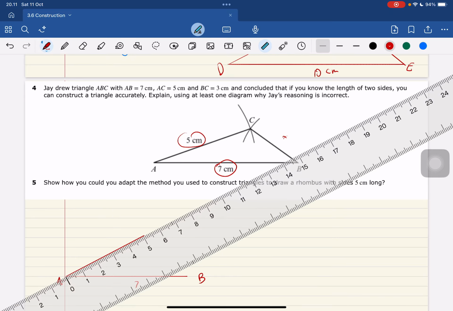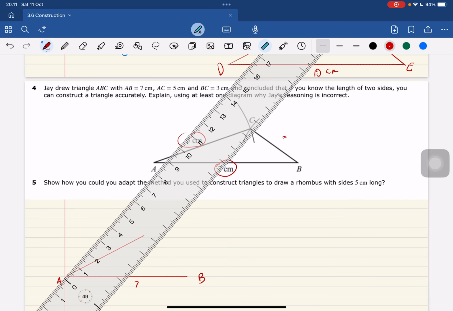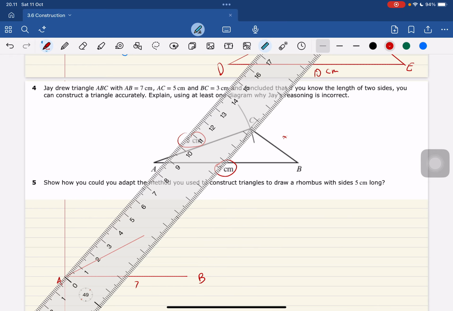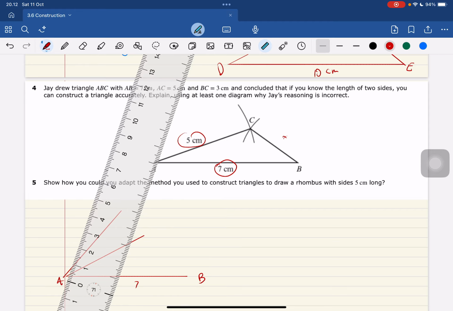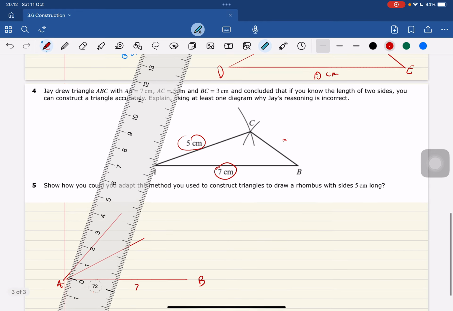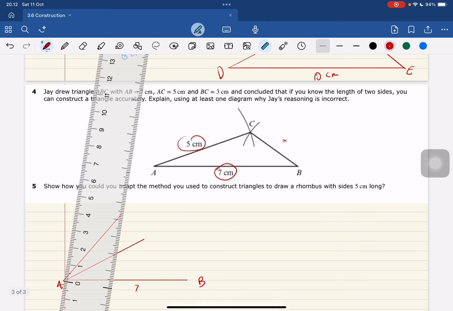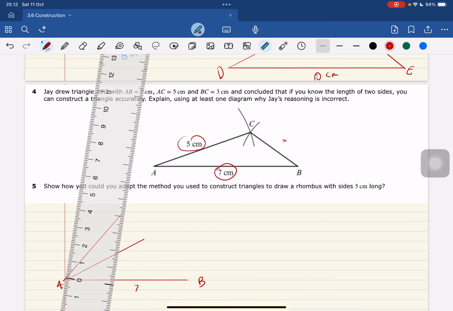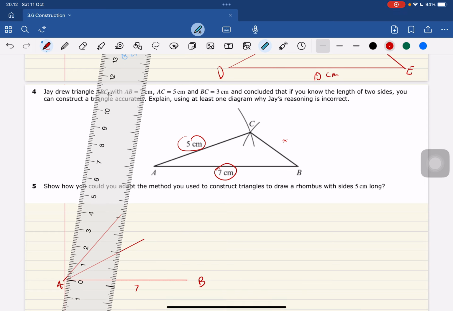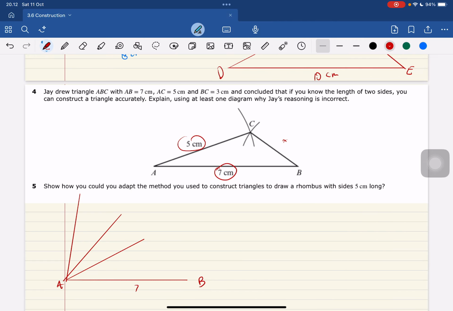It can be like this, can be also like this, can be also another one. Can be also like this. If you only know two sides, we cannot be sure about the third.